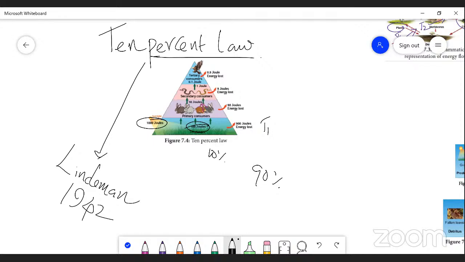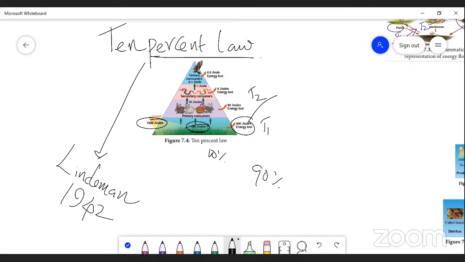Again, this 90% of joules, that means 900 joules, is lost or emitted in the form of heat. This is called the 10% law. Again, from trophic level 1 to trophic level 2, T2, in which some rabbits are there, right?